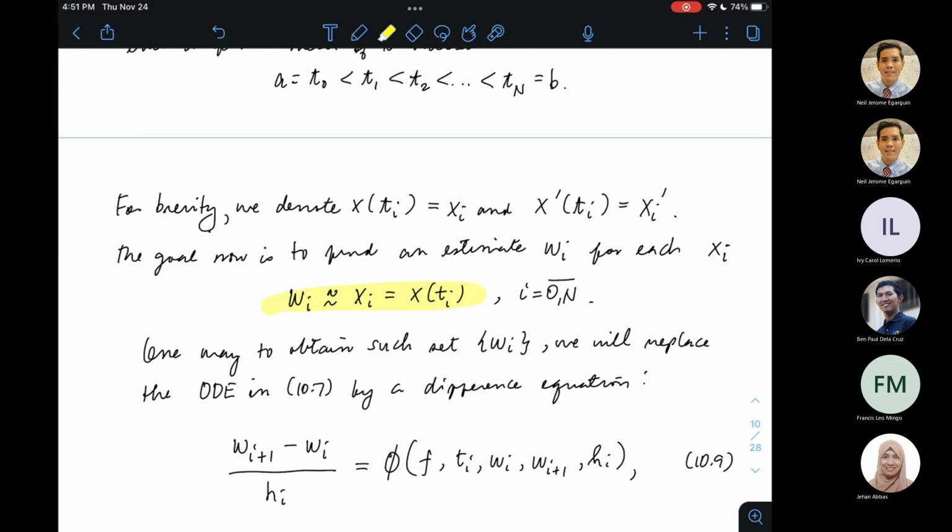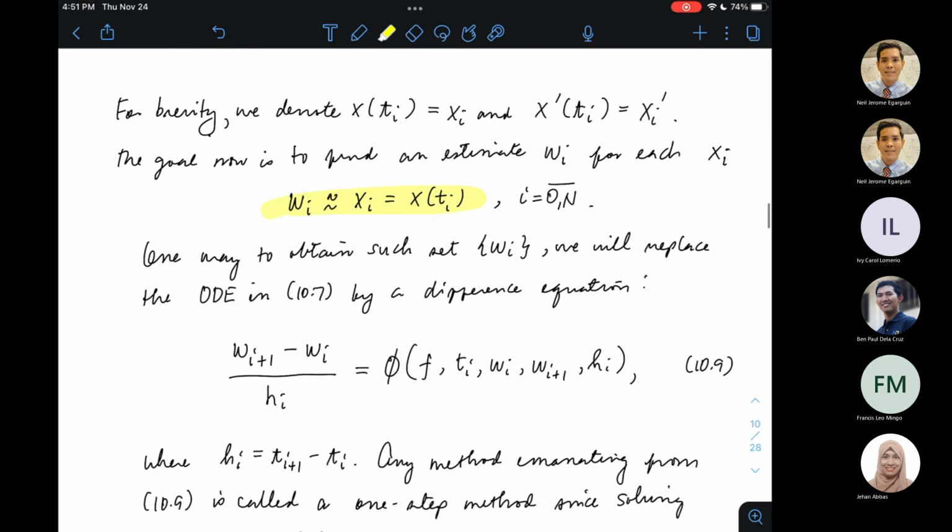Pero dahil nga hindi kaya ng computers to work with continuous data, ang ginagawa natin, dinidiscretize. So ang solution dito ay isang solution vector, W sub 0 until W sub N. Bawat isa sa kanila ay estimate para sa x of t sub 0 hanggang x of t sub N. Okay? So that's our goal.